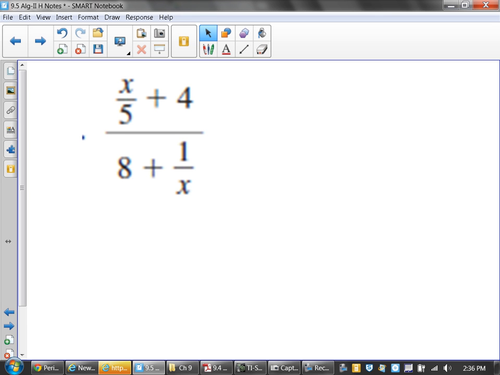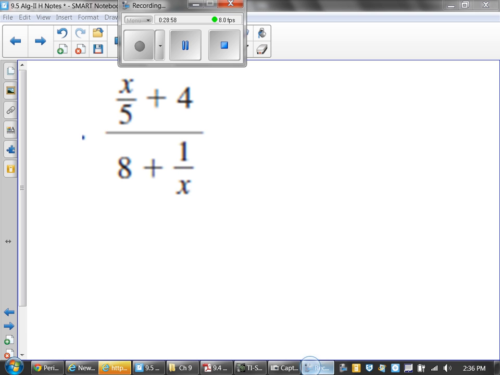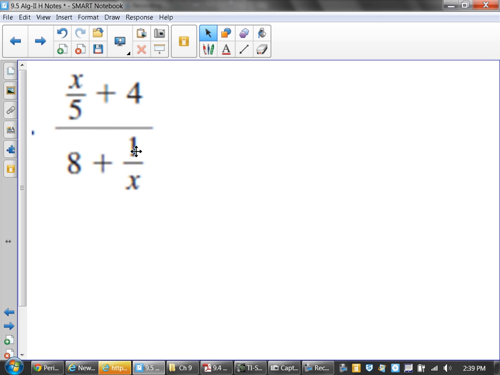x plus 5 plus 4 divided by 8 plus 1 over x. Try and come up with your common denominators and walk yourself through it. What's the common denominator at the top? If I put this over 1, it's going to be the common denominator. 5.